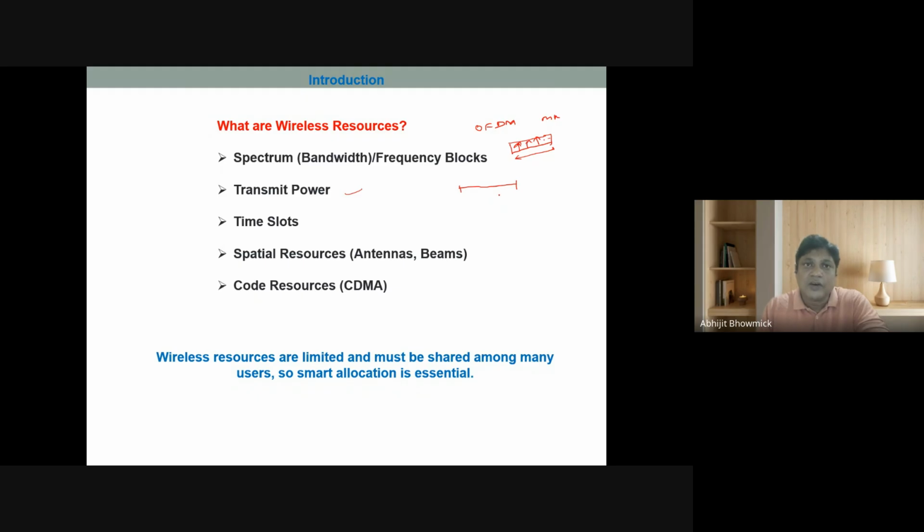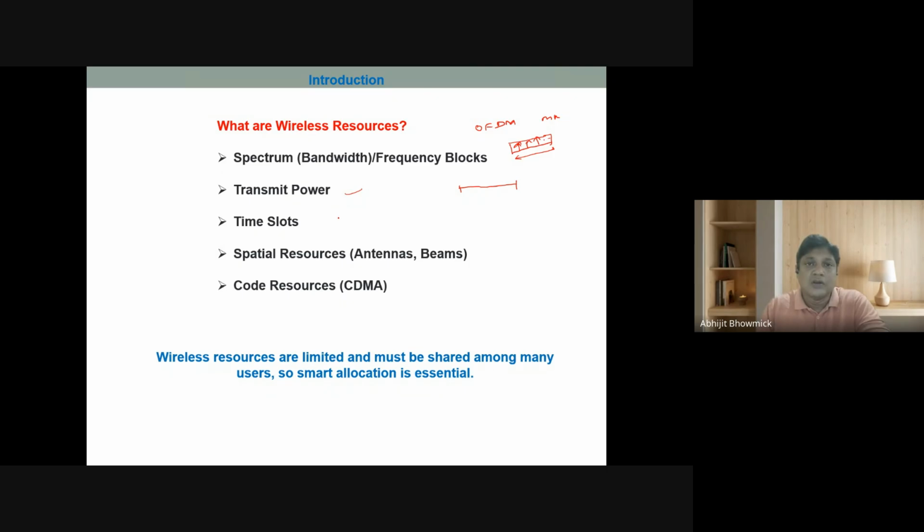Second, if I allocate one user high power, other users may suffer from power scarcity. In that case, user fairness may not be maintained. So keeping all this in mind, we have to allocate power among the users in such a way that user fairness is maintained, interference remains within a tolerable limit, and the receivers can decode the information correctly.